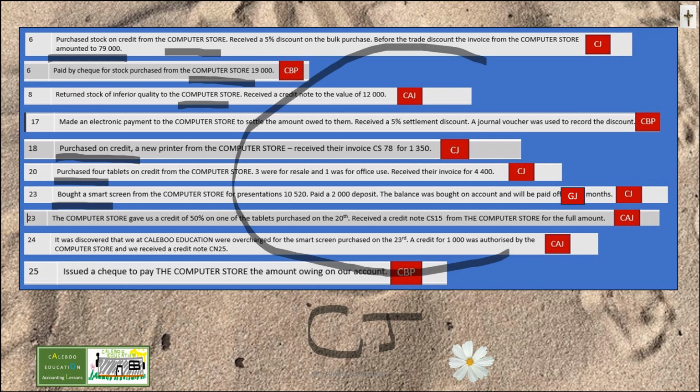All these other transactions involve the computer store, but they are transactions where we paid the computer store, we returned items to the computer store. But for this lesson, we're only looking at those transactions which go into the creditors journal.